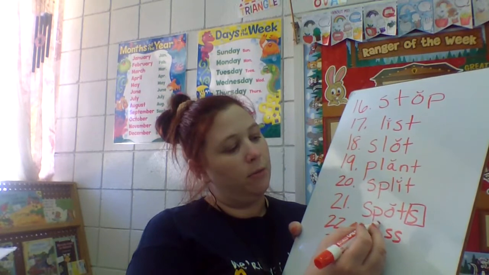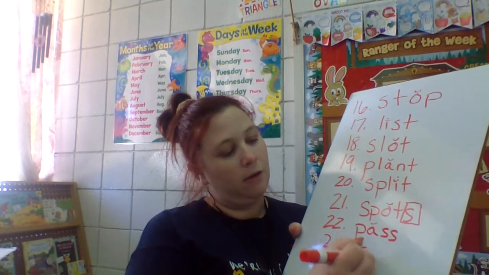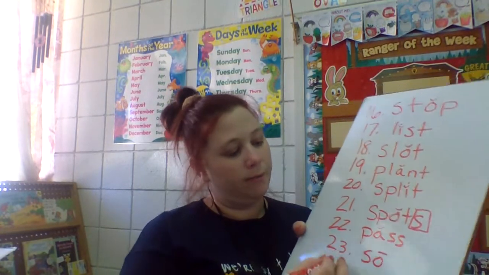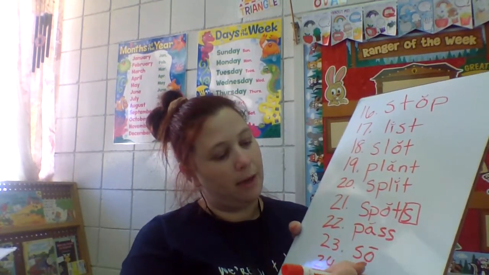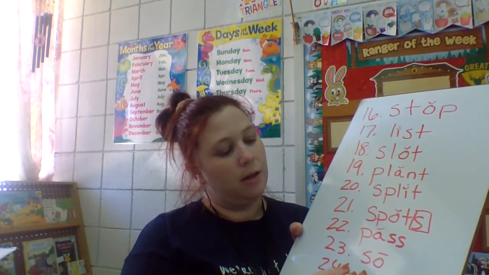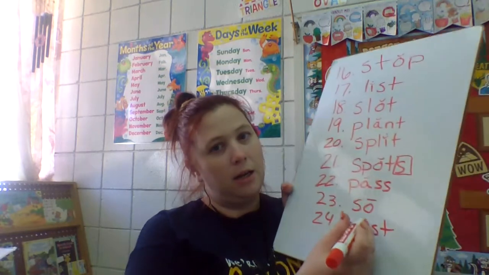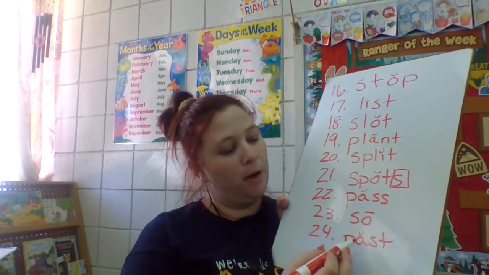Our A gets a breve because we have vowel, consonant. Pass. 24. Passed. Here we see our blend, ST. It doesn't get coded. Our A gets the breve. Passed.